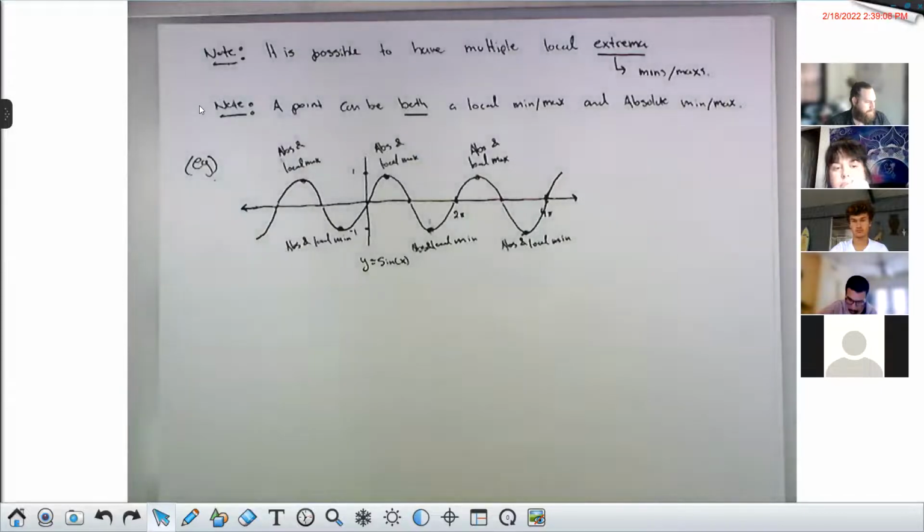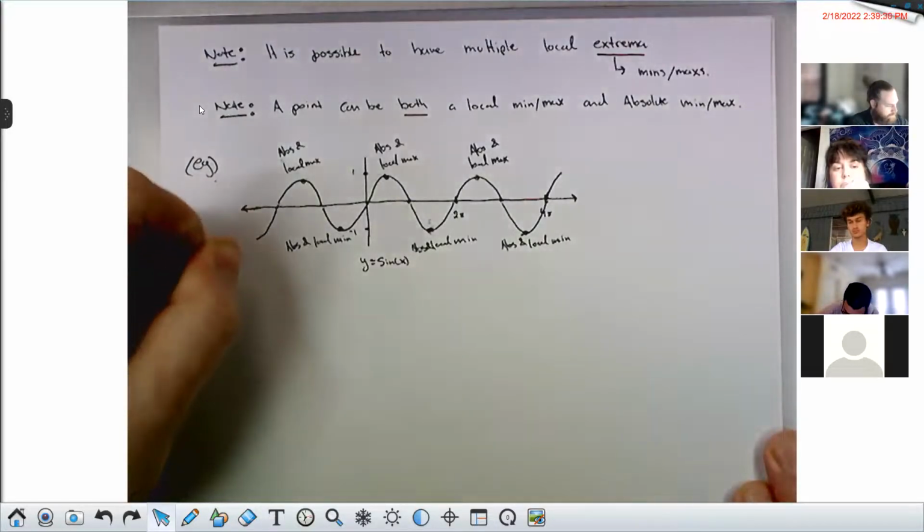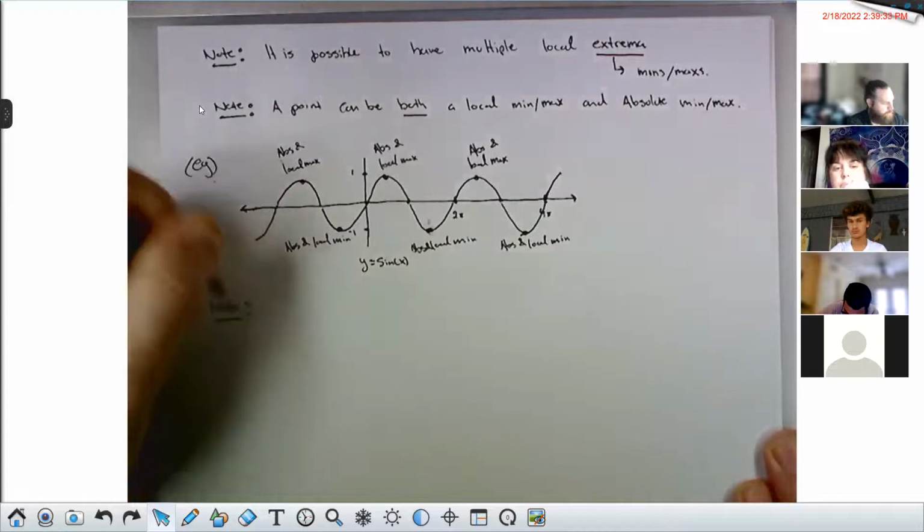Let's look at one other little subtle point here, and not every textbook takes this position, but your textbook takes the position that an endpoint, if you have a function whose domain is a finite interval, can't be a local extremum. And not everybody agrees with this.